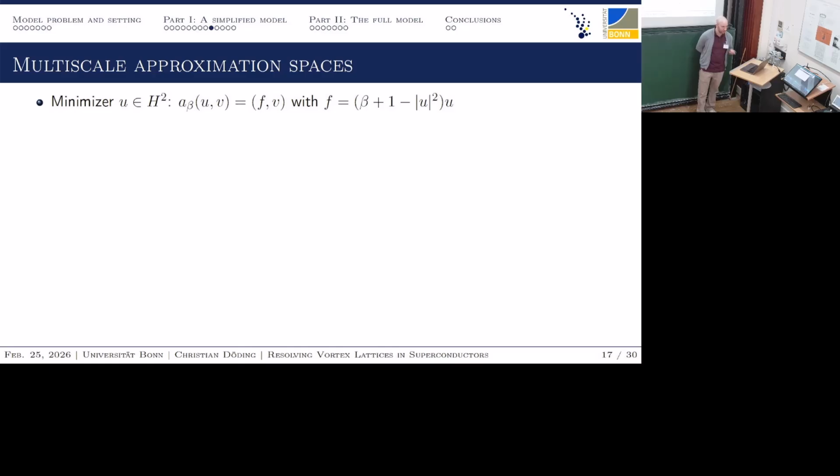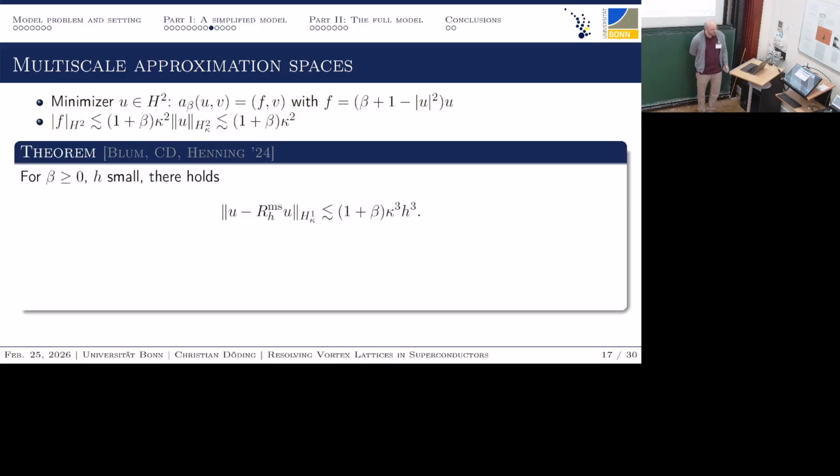Of course, we apply this now to our minimizer, which is H2 regular, and it actually solves this problem with this right-hand side here, which is also H2 regular, as you observe, and you can bound the L2 norm with a prefactor 1 plus beta. Forget about this, but important is here that you get another two factors of kappa.